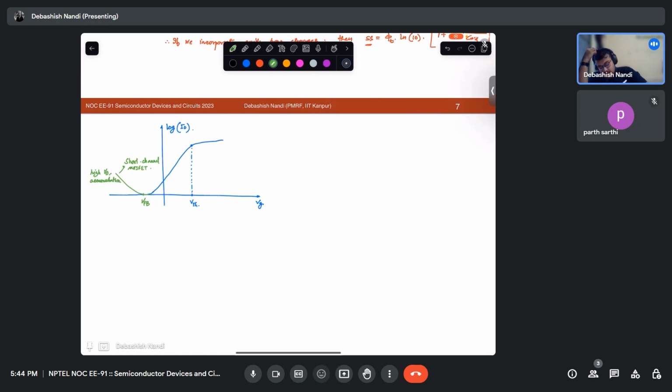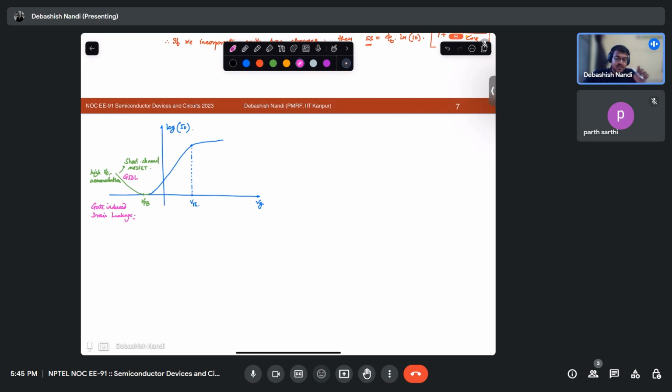This effect is called GIDL, or gate induced drain leakage. You can read more online, or if you are interested, you can email me. I will send you some documents on how this current derives.